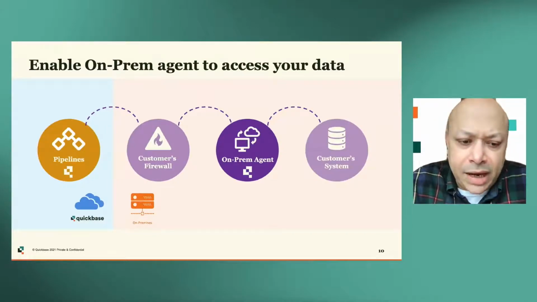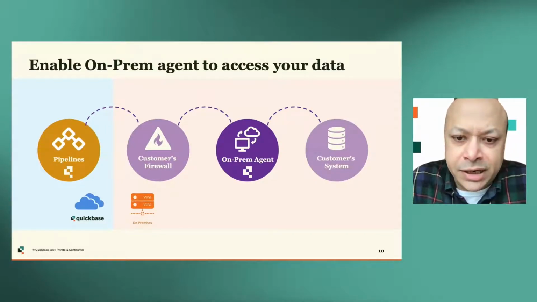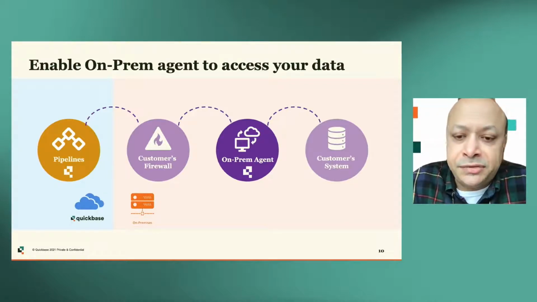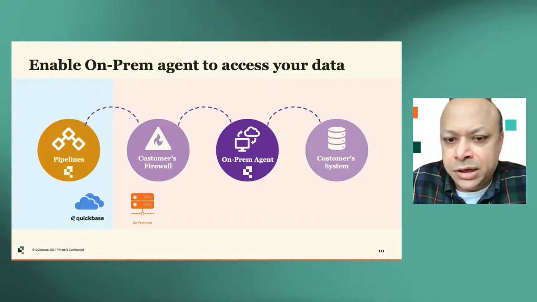So how are we going to do that? How are we going to make this so much easier? The crux of our solution really is based upon a piece of software that we call the Onprem Agent. It's a piece of software that we've developed that you host on any operating system that you want. So you can host it on Windows, you can host it on Linux, and even on a Mac if you so desire.